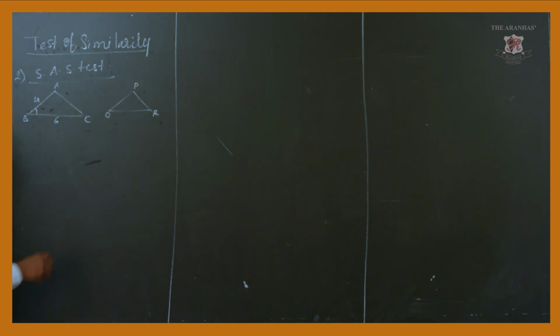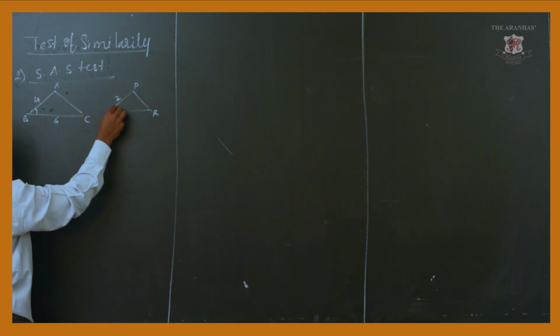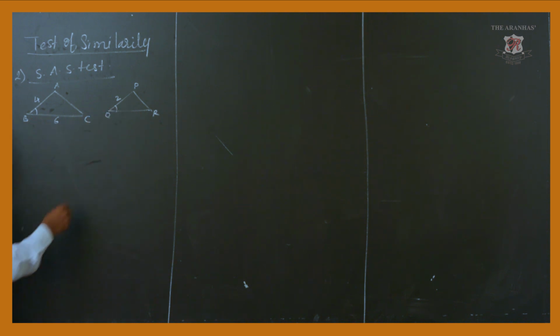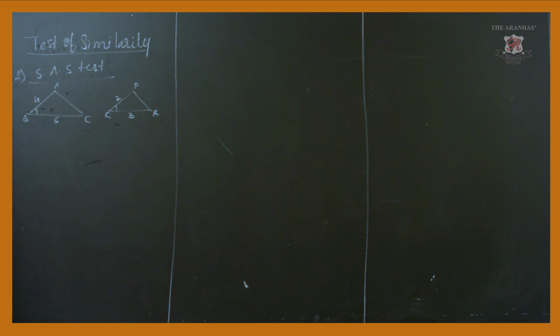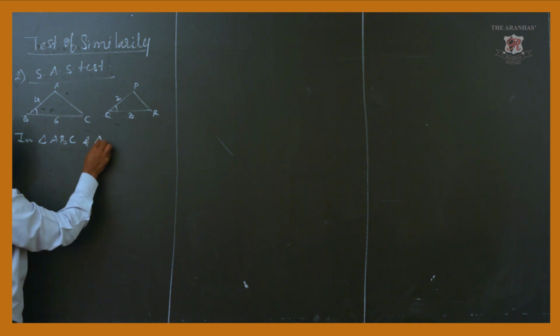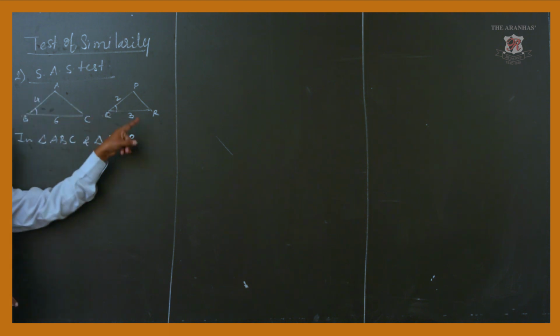In triangle PQR, the length of segment PQ is 2, angle Q has the same measure as angle B, and segment QR is 3 units. According to the given correspondence, ABC corresponds to PQR.